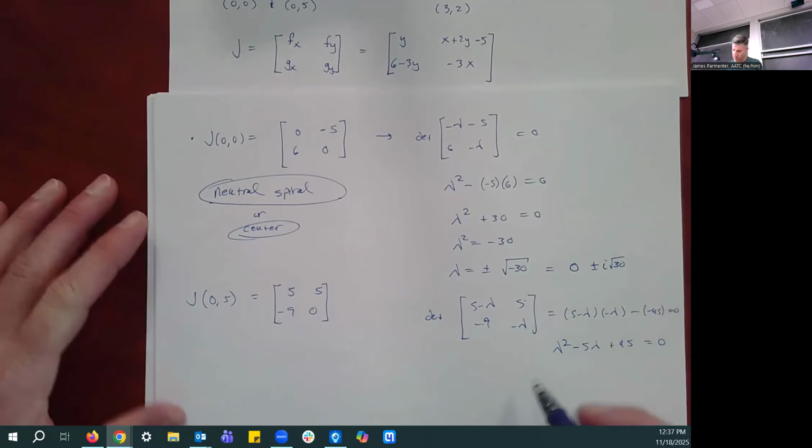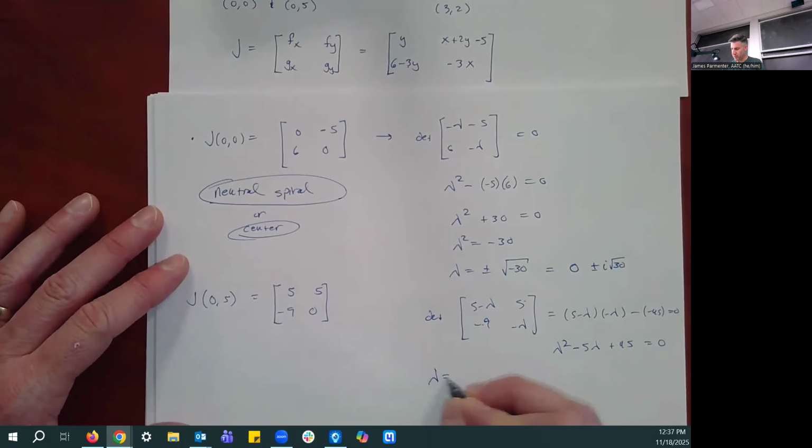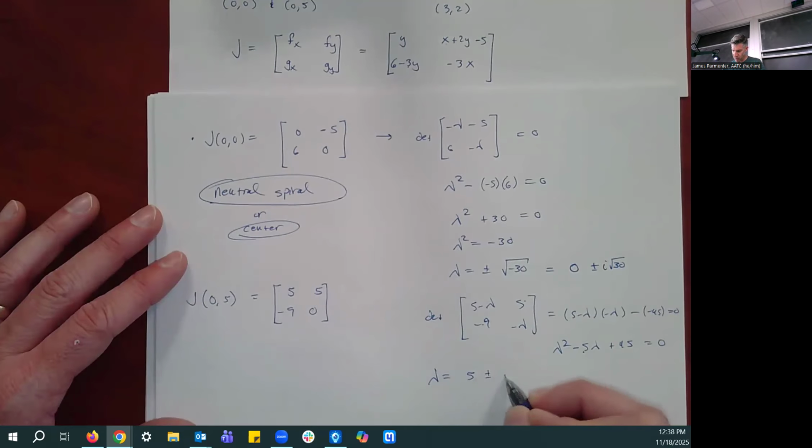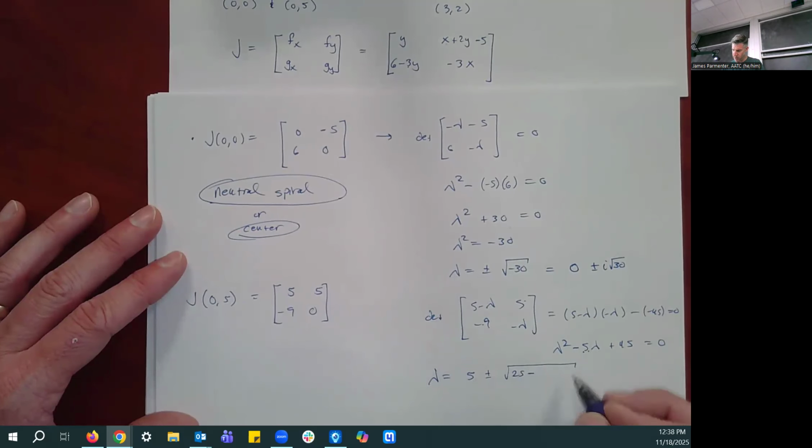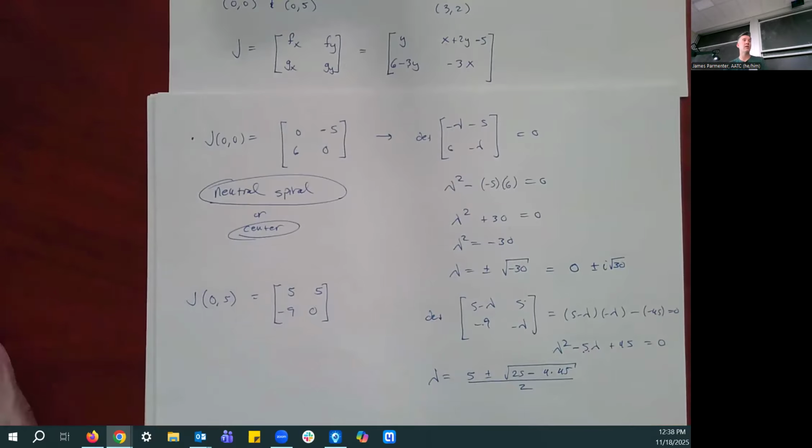Close, but no cigar. So our eigenvalues are going to be negative negative 5 plus or minus the square root of negative 5 squared, 25, minus 4 times 1 times 45, all divided by 2. Okay, this is where you should stop. You should ask yourself, are my eigenvalues real or imaginary? They're definitely imaginary, right?